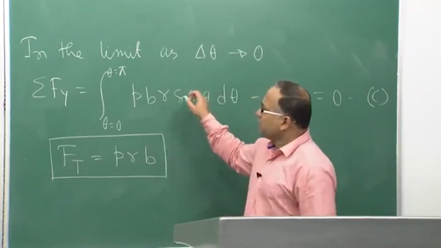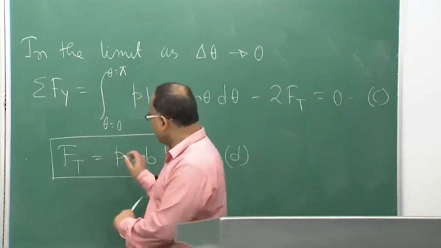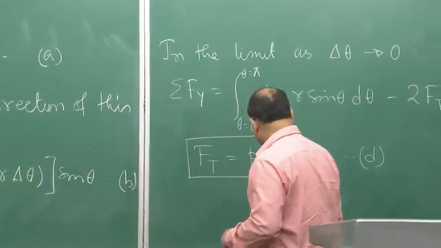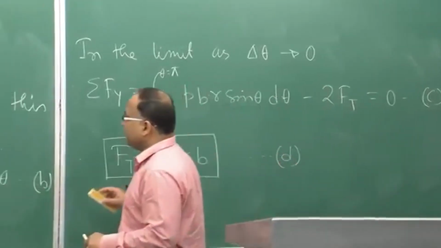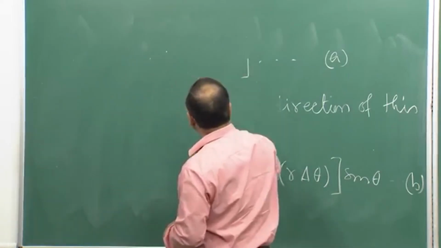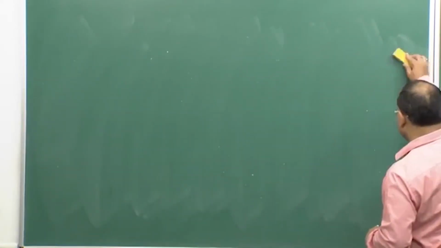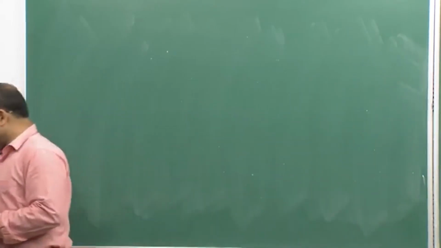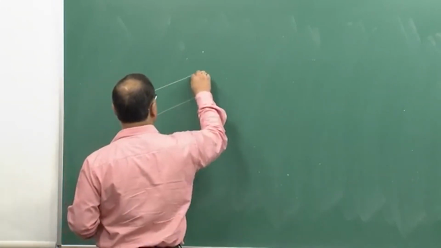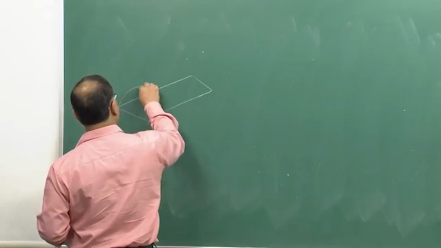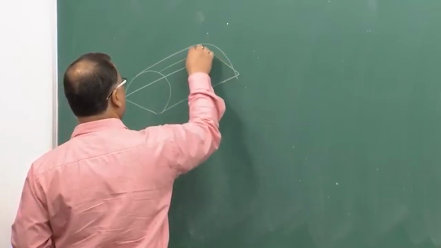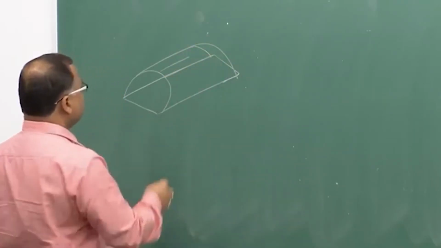So, now instead of doing this kind of integration and very complicated analysis, if you look at this expression, so basically what we are getting, this force Ft can be obtained by considering the force on the projected area. What does it mean? Suppose I have, so this is say a hoop, okay.